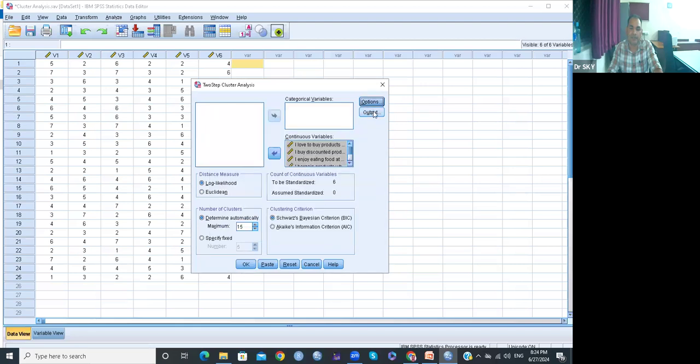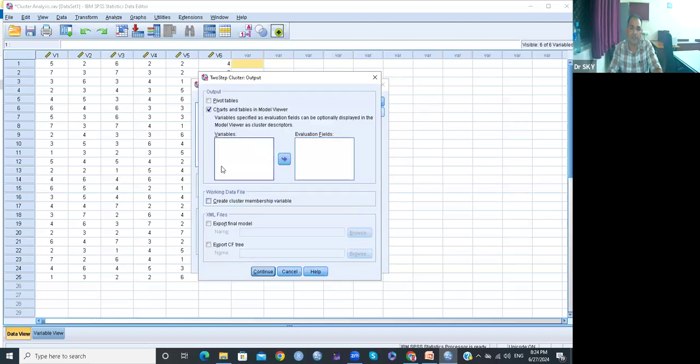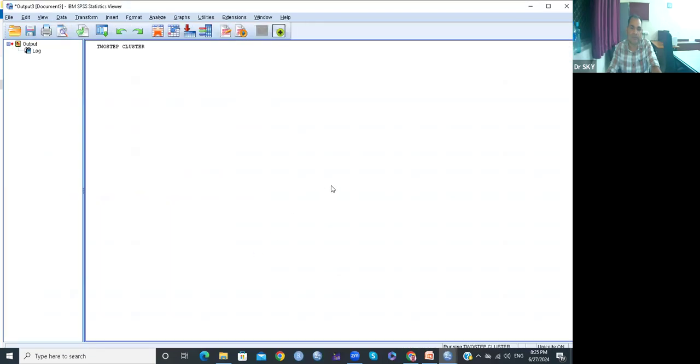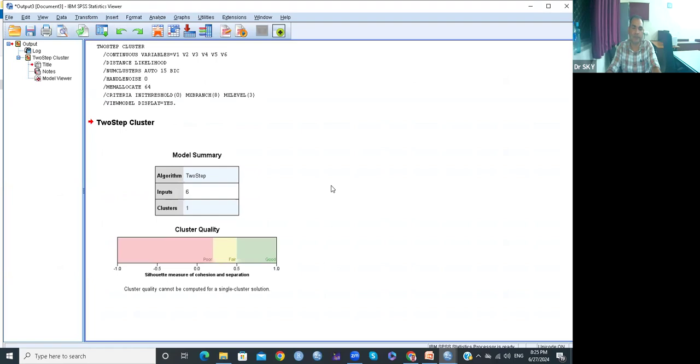Okay, output you can have, or say pivot table charts you need. Then just click on OK. So this way you can see these 3 clusters may be made, this one, and this one.